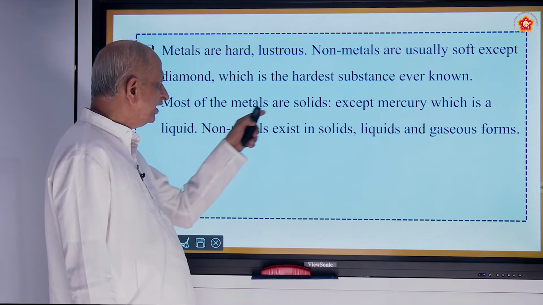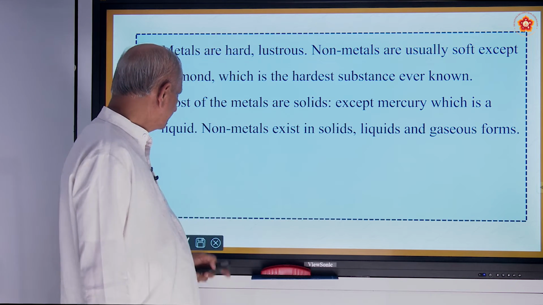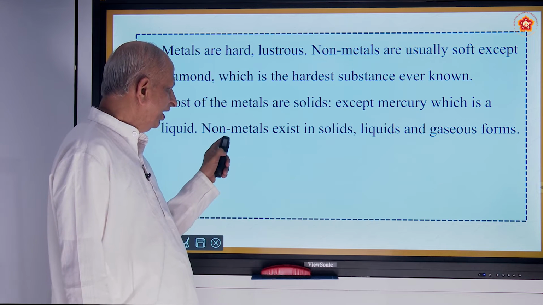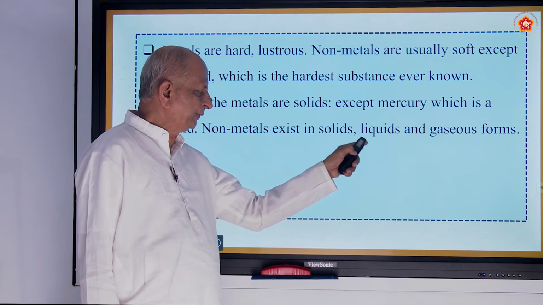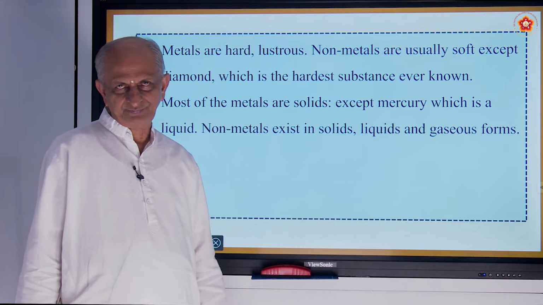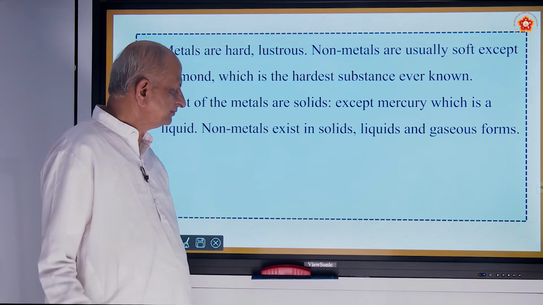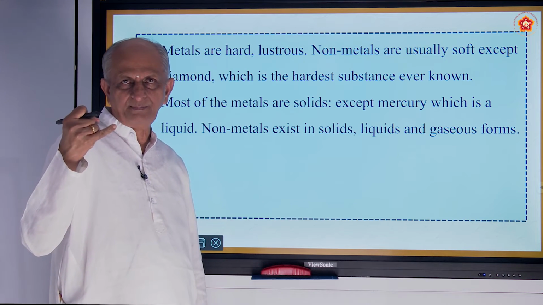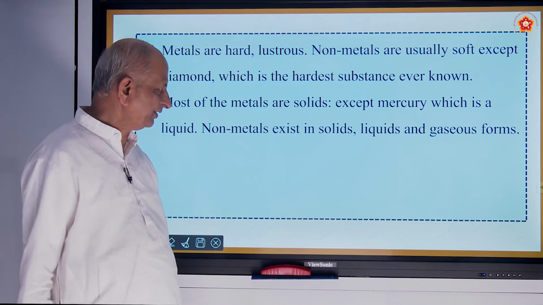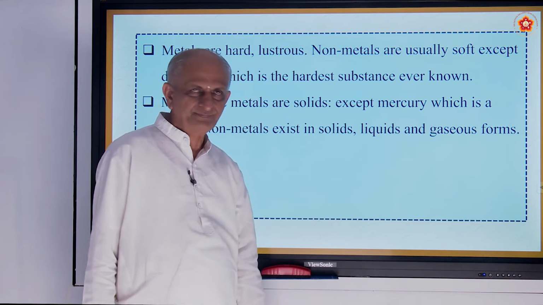Most of the metals are solids except mercury, which is a liquid. Non-metals exist in solid, liquid and gaseous forms. Solid examples: sulfur, phosphorus, carbon, etc. Liquid: bromine.